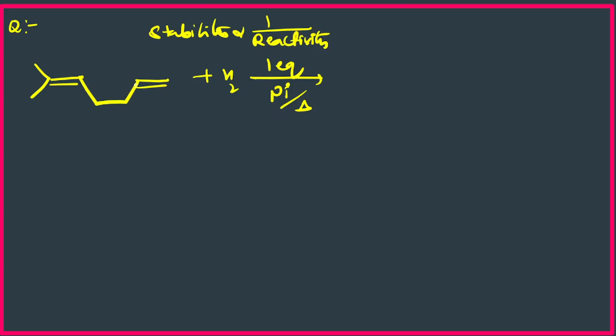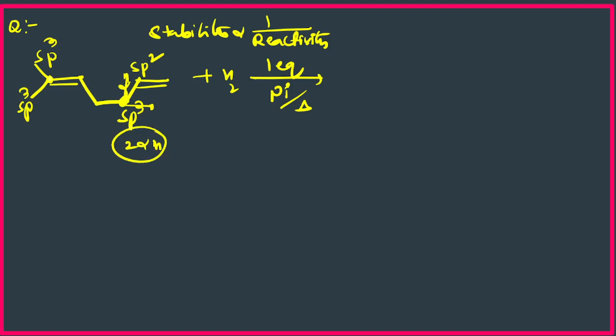Have a look at this carbon-carbon double bond: it undergoes sp2 hybridization, and the carbon attached to it is an sp3 carbon, which is the alpha carbon. This sp3 carbon attached to the double-bonded carbon has two alpha hydrogens.